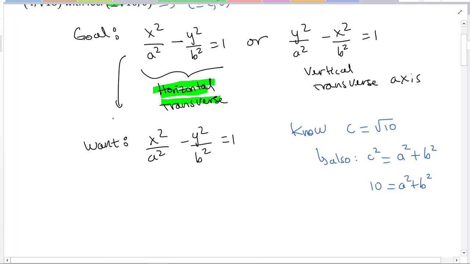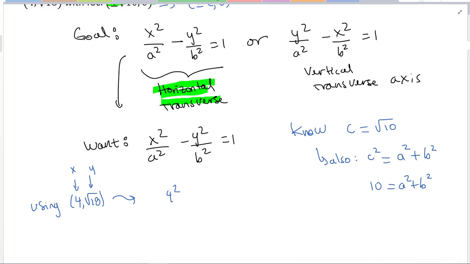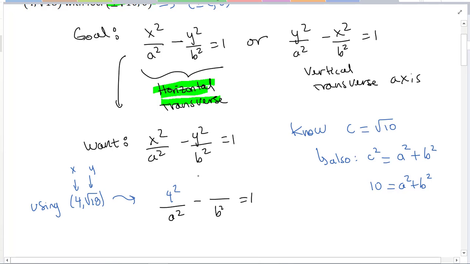We know that it goes through the point 4 square root of 18. How can we use this? This is an x value, this is a y value, so plug it in. I'm going to have 4 squared over a squared minus square root of 18 squared over b squared equals 1.